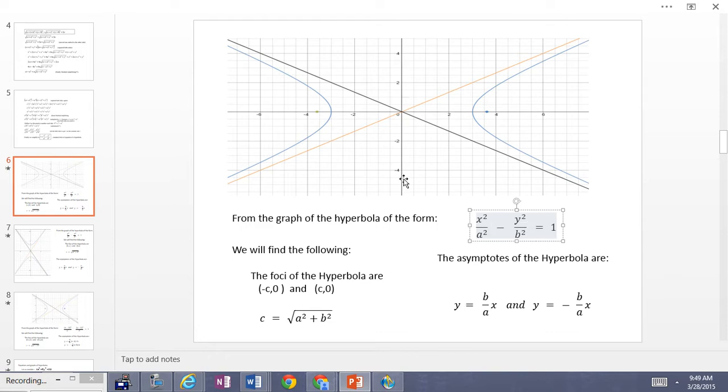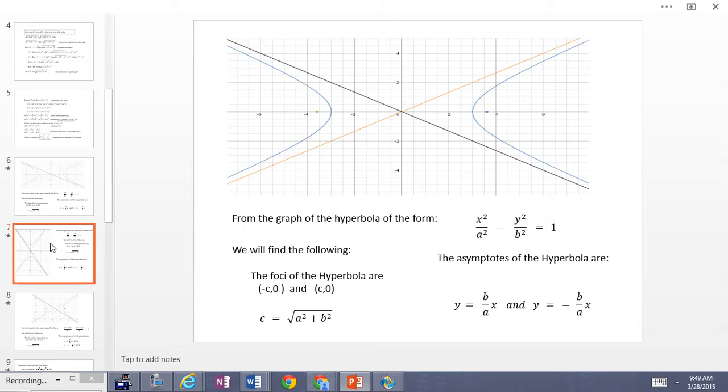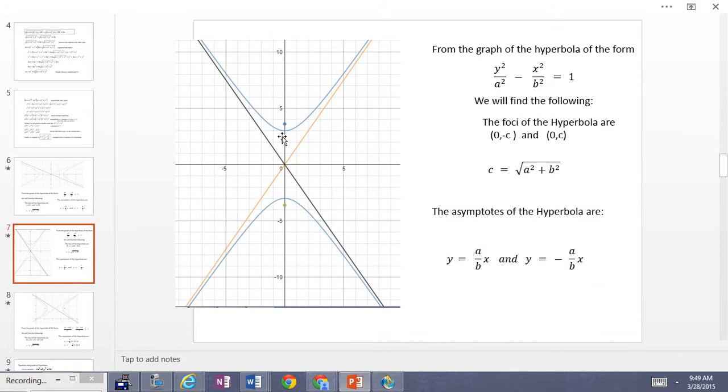That's a red flag telling you there are no y-intercepts, and therefore it opens left and right. Same deal over here: go to this equation and try to find x-intercepts by setting y equal to 0. You'll have x squared equals negative b squared, which will never happen, and that red-flags that there are no x-intercepts, so it must open up and down.